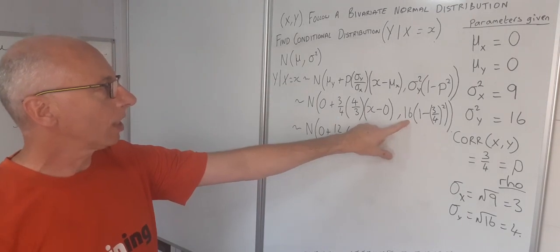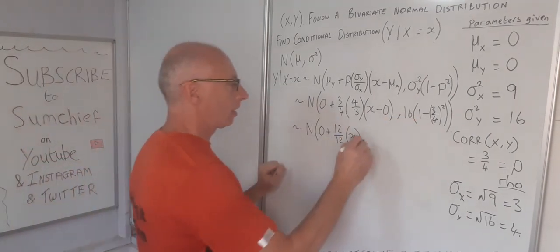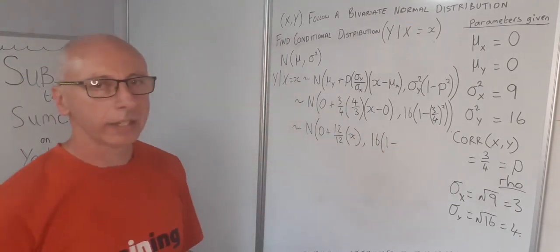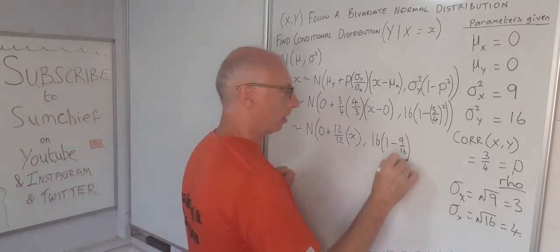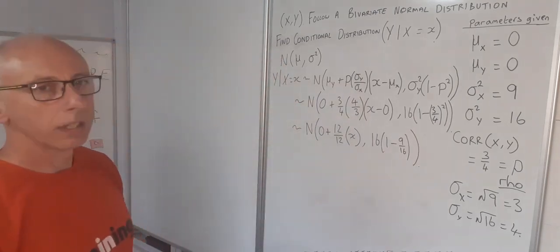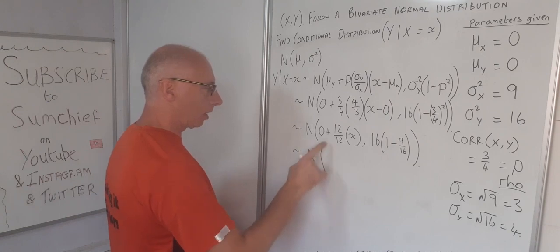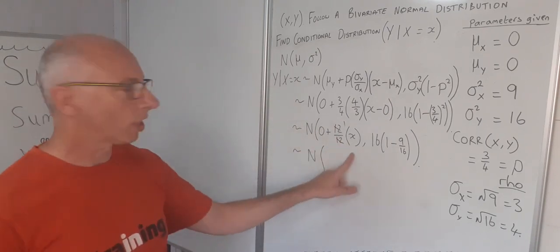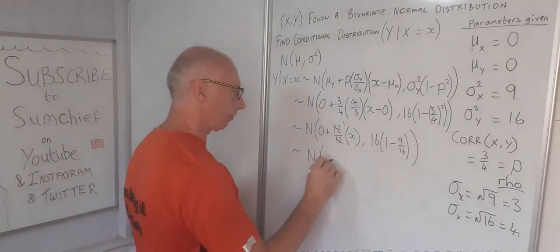And then we've got 16 times 1 minus 3/4 squared. Okay, now we can simplify even more. So 12/12 cancels to give us 1. So that's just going to leave us with 0 plus 1 times x, which leaves us with x.